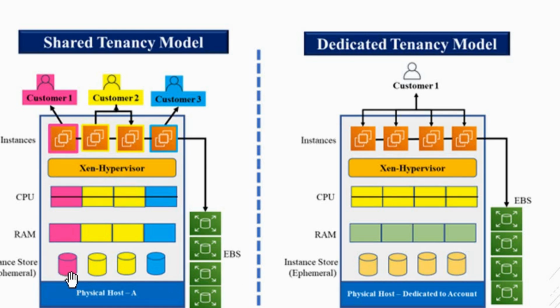Here you can see the colors: 2 yellow, 1 rose, and 1 blue, so it differs. But here the colors are all the same, which means the customer is 1. Like the instances, all are connected to 1 customer.